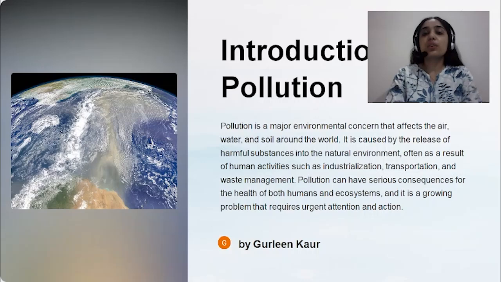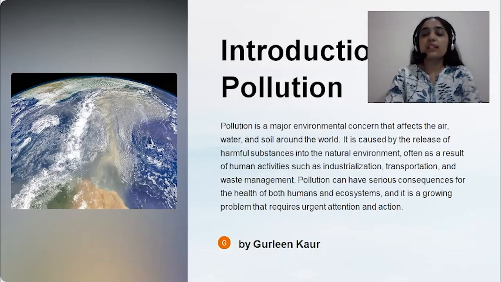Harmful substances are all those pollutants which we have already discussed, which contribute themselves in the environment and lead to pollution. Often it is a result of human activities such as industrialization, transportation, and waste management, which means industrialization, transportation, and waste management are the major concerns for pollution.